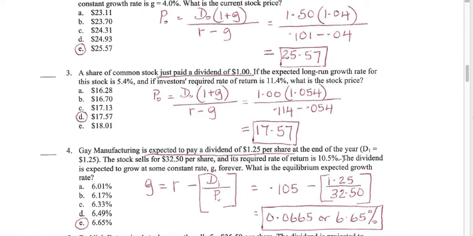If you were given your D0, you would have to multiply this by 1 plus the growth rate. However, you were given the next dividend expected to pay, so the formula remains the same. And you see here your answer is 6.65%.